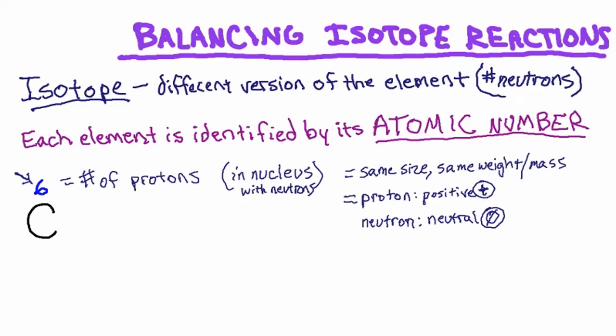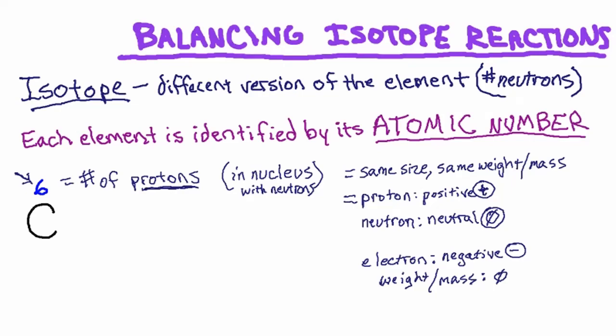The only other particle in an atom is outside of the nucleus, and that's the electron. The electron is obviously a negative charge. And the thing about electrons is that they are so tiny, their weight or their mass is negligible. So we don't count their weight. I'm going to put 0 here. Now, the important thing about the number of protons, and why the atomic number is named for the number of protons in an atom, is that in a normal atom, the atomic number is always the number of protons, no matter what.